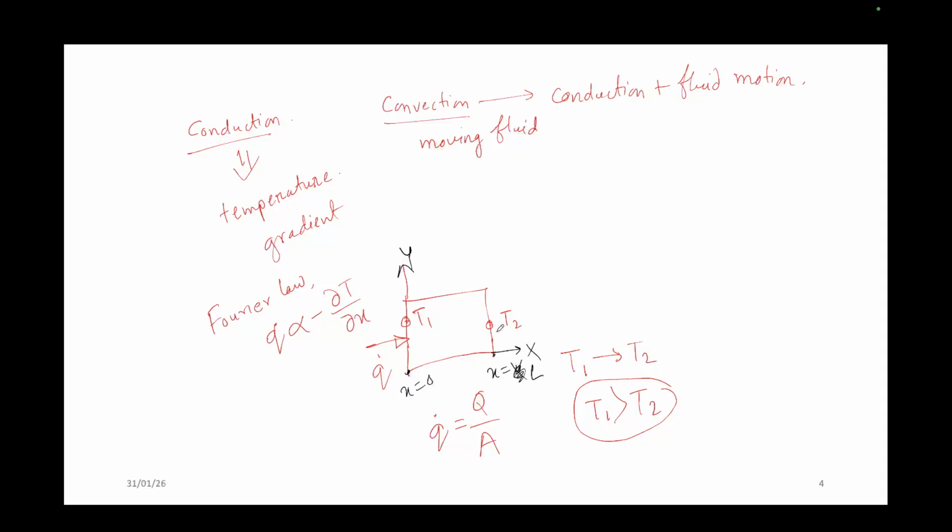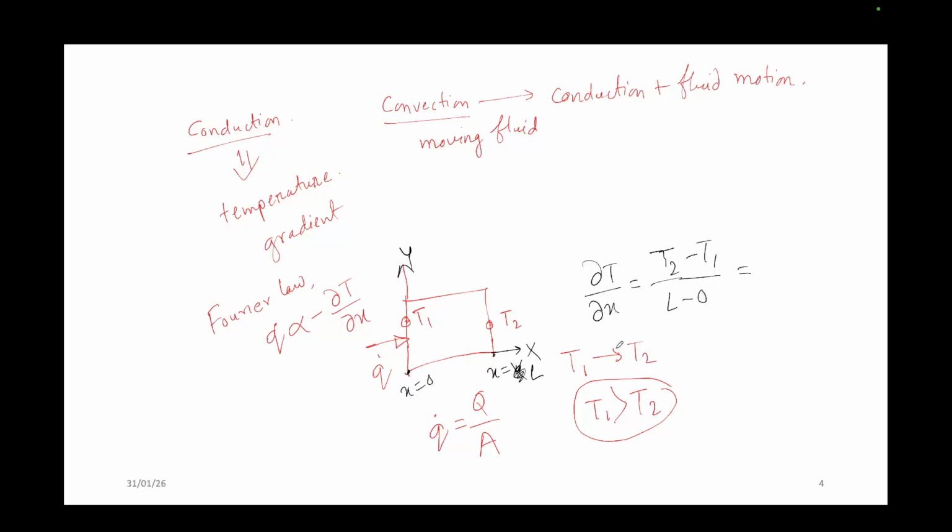right. So if I have to find this temperature gradient, del T del X, the temperature gradient here is the change in temperature. What is the final temperature? This is T2 minus T1, divided by the change in length, which is L minus 0.